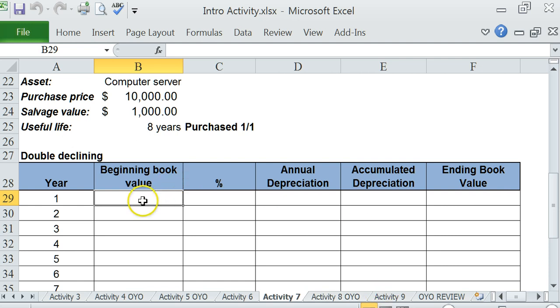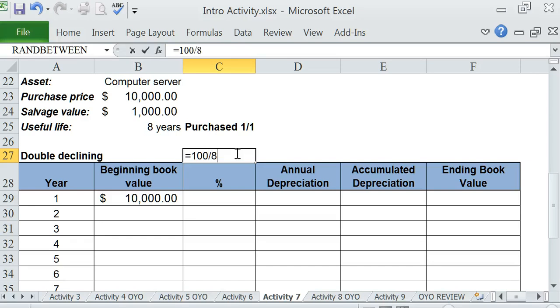What you're going to do is start off with the beginning book value of $10,000. Then you have to calculate it based on a percentage. Here's how you calculate the percentage. Start off with 100, as in 100%.